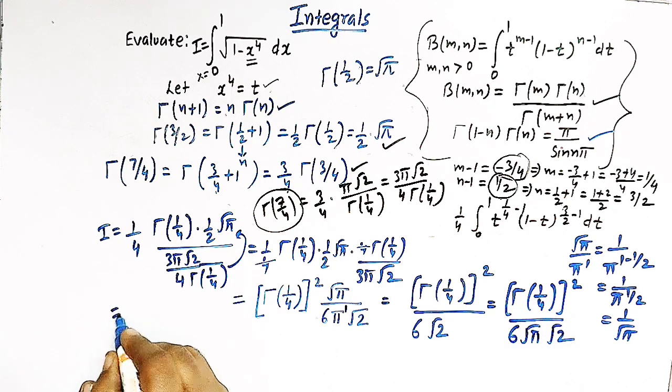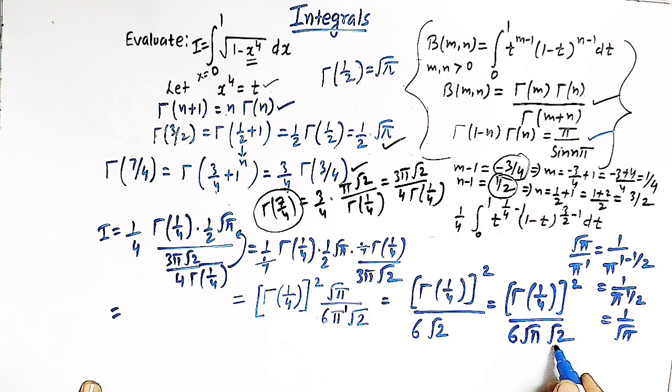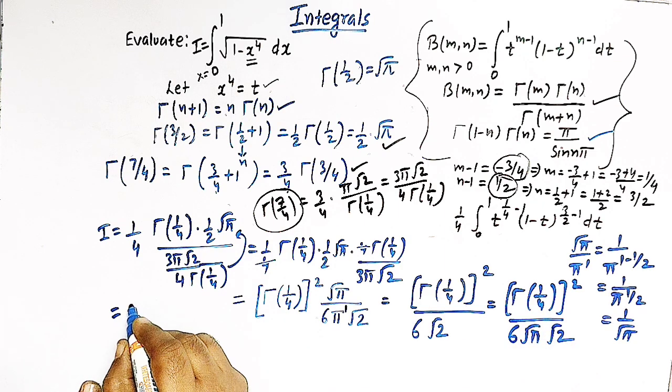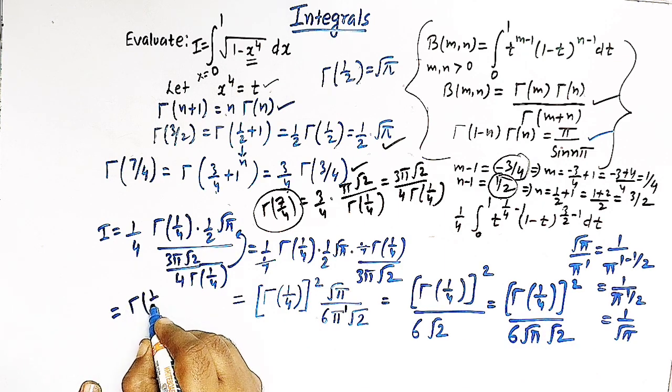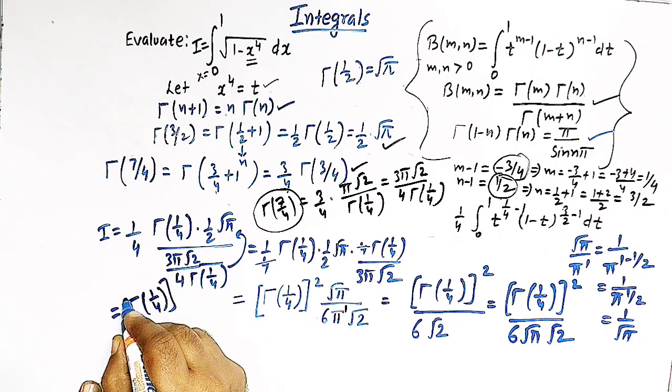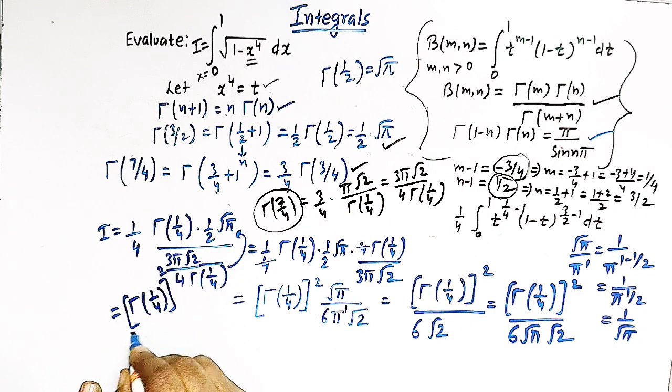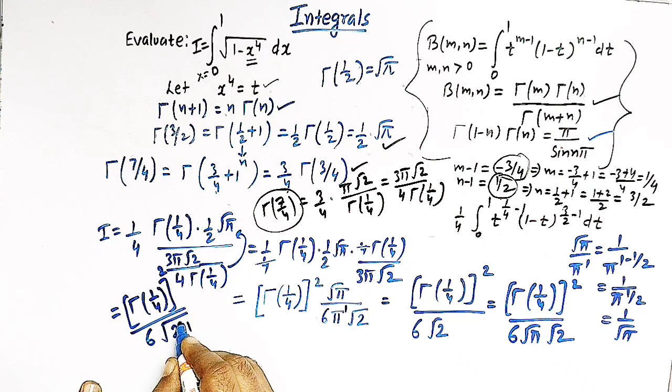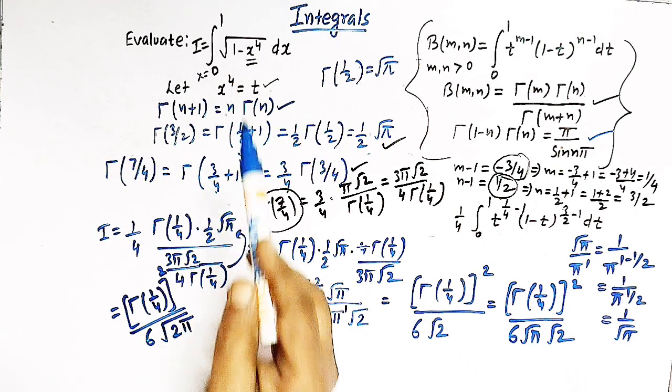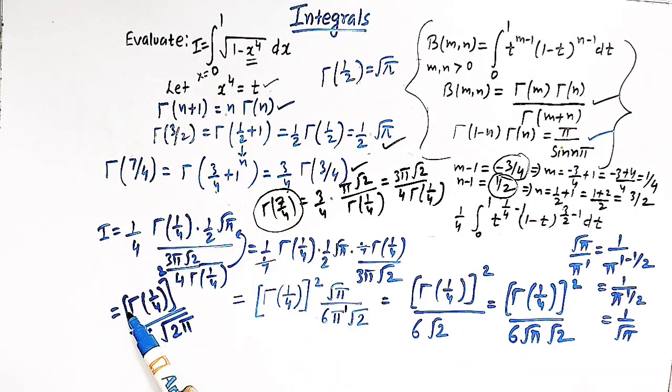So now we can combine these two terms, because here we have square root, here also we have square root. So we can now write gamma 1 over 4 square, and then we have 6 times square root of 2 pi. So viewers, the value of this integral is square of gamma 1 over 4 divided by 6 times square root of 2 pi.